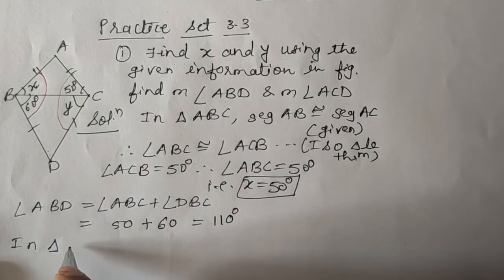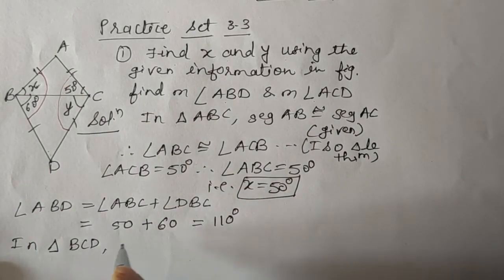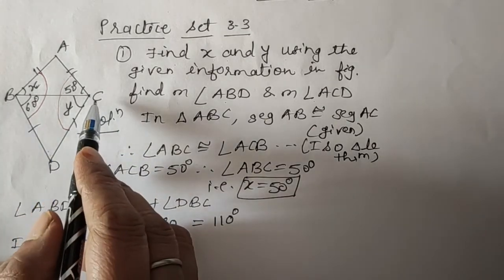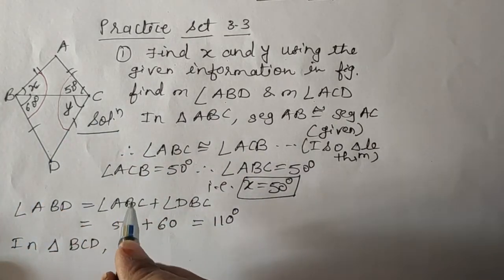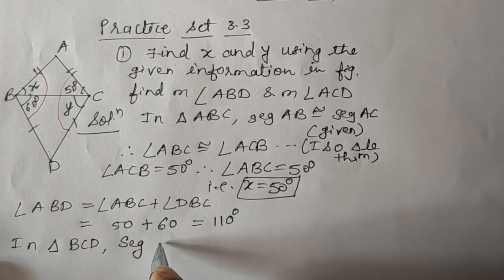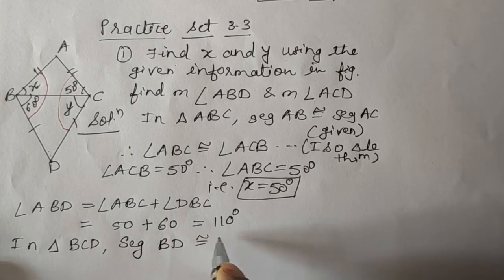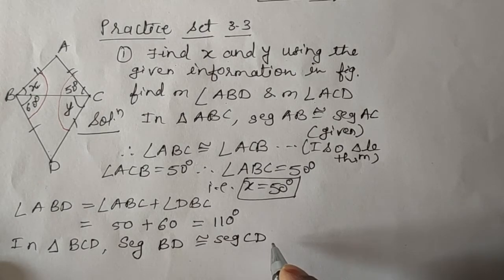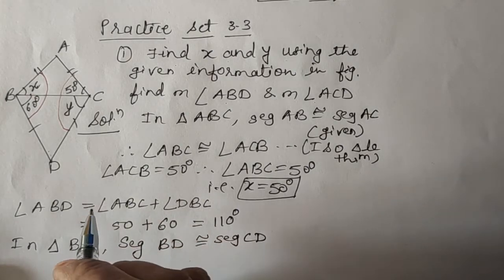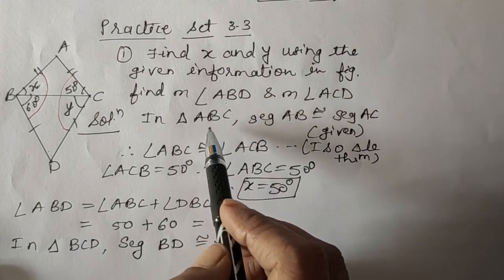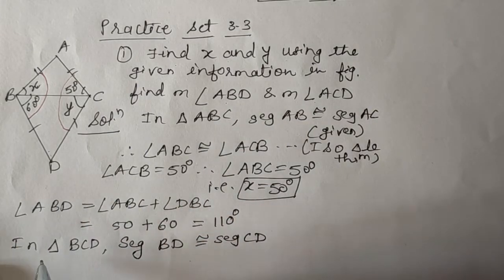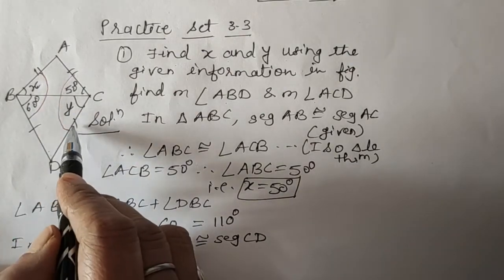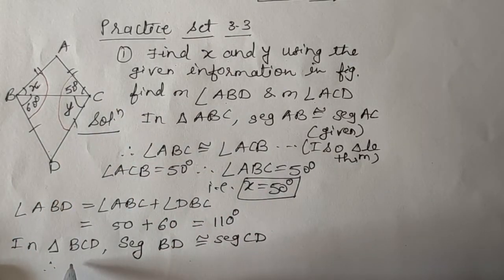Now again, similarly, in triangle BCD we have one more identical mark. See, this BD is congruent to CD. So in this triangle, segment BD is congruent to segment CD. So what are the angles opposite to these sides?